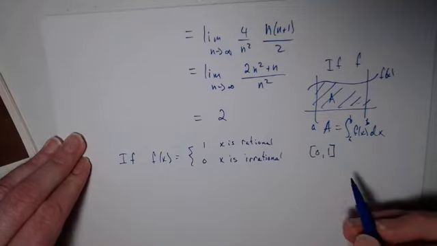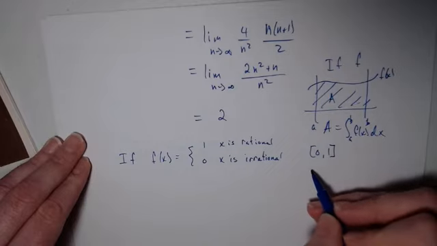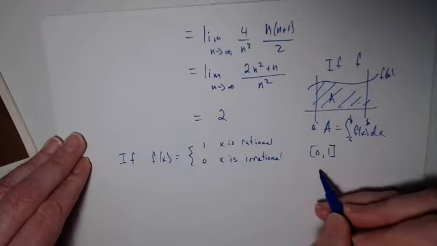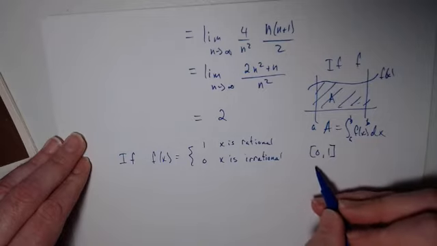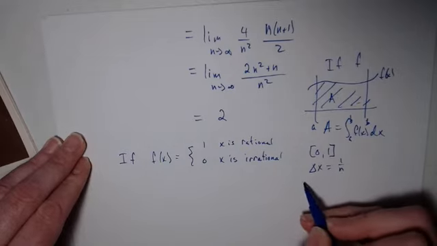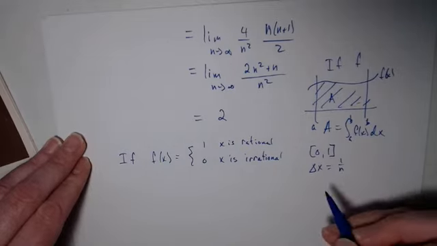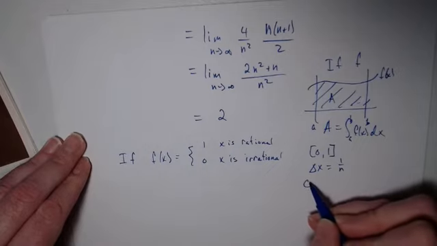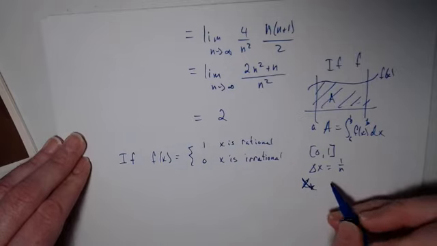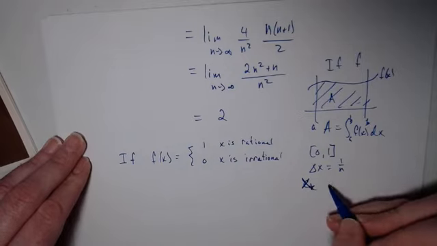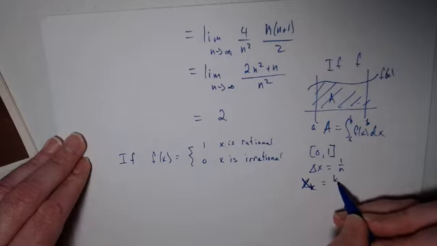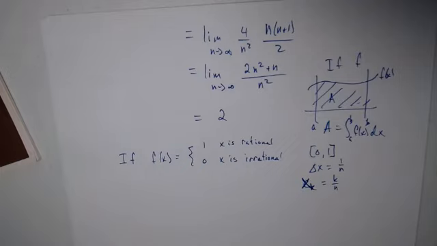We'll let our partition be equally spaced, so delta x equals 1 over n, and our right endpoints will be xk, equal to k over n.